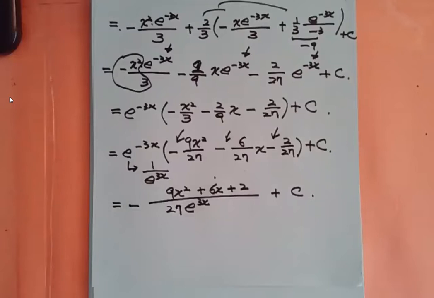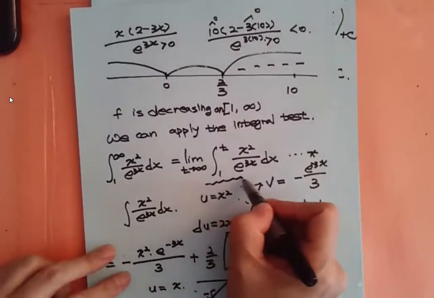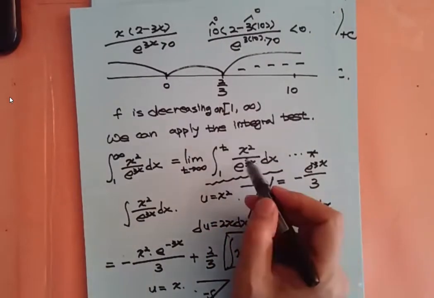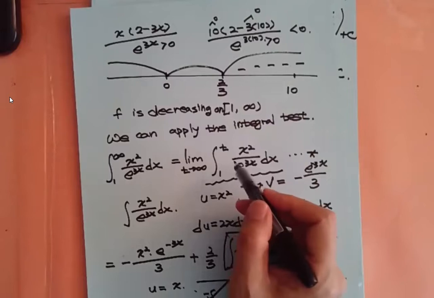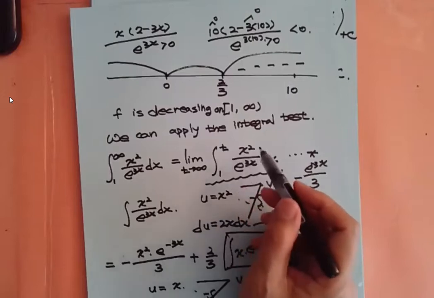All right, so what should we do with this? We are doing improper integration, and we end up getting the general formula for this part. And what we have to think about is what happens when t goes to infinity.